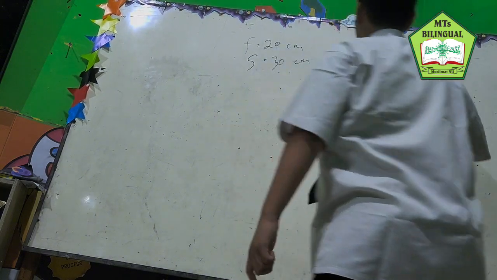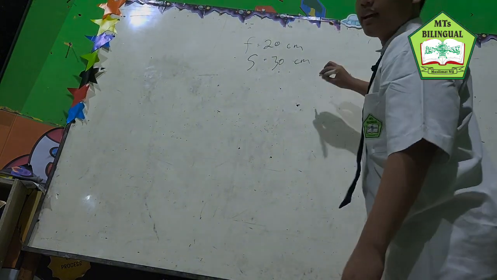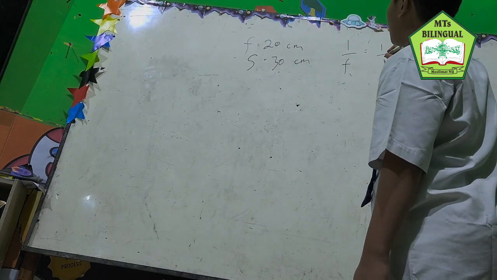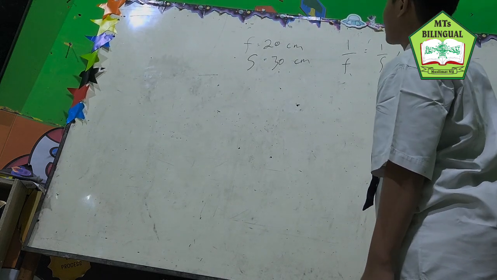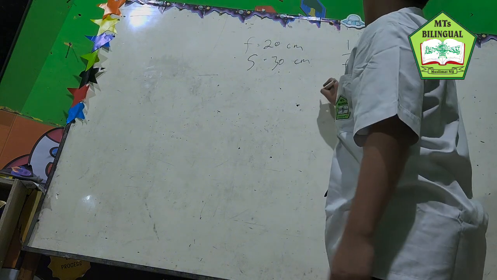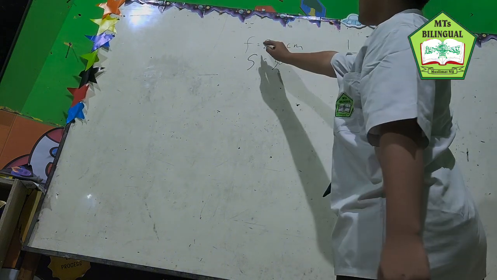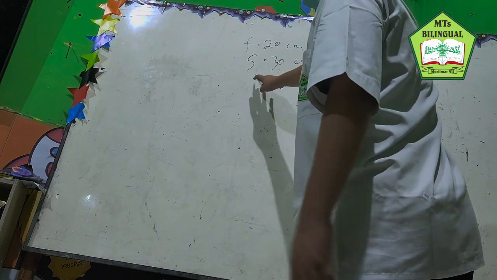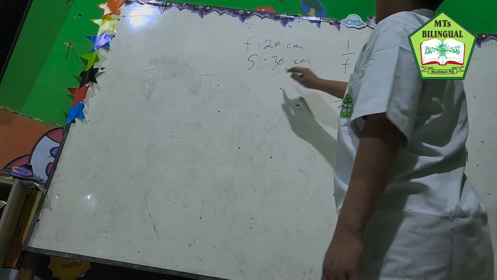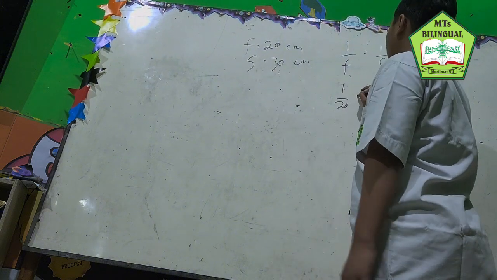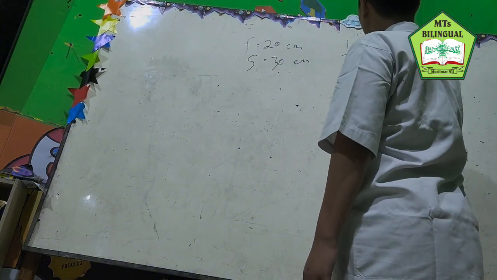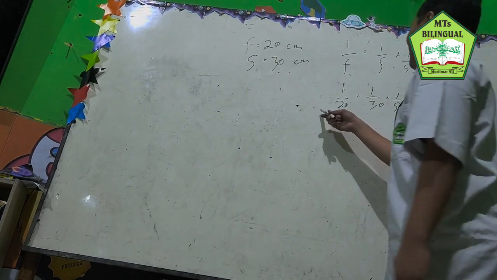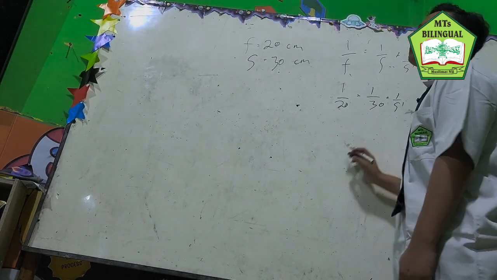We can find it using this formula: 1 over f equals 1 over s plus 1 over s prime. Put 20 here for the focal point, and 30 for the distance of the object.